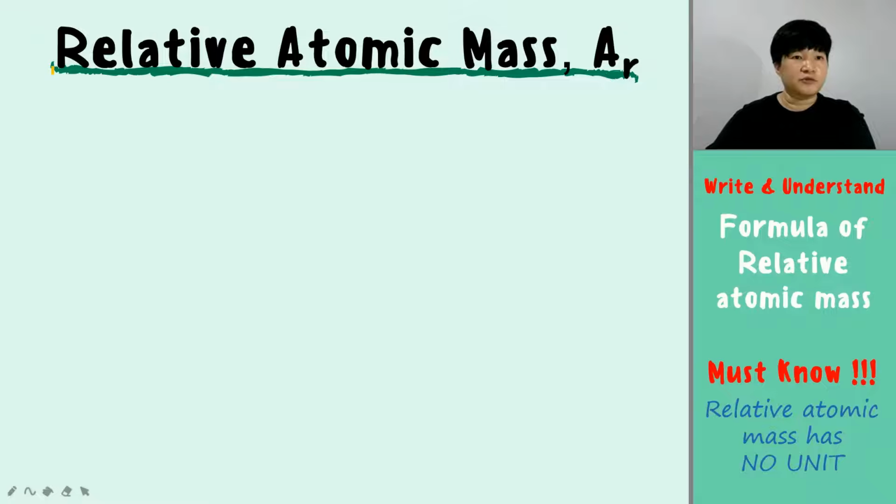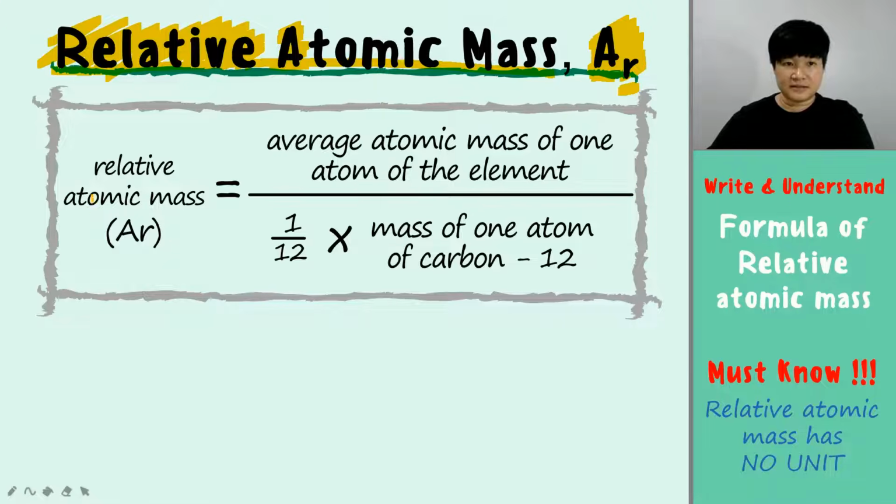Next, we'll move to relative atomic mass. What makes average and relative different? Over here, I have relative atomic mass, and the best thing is, for relative atomic mass, you can use a symbol. The small r represents relative, A represents atomic. So that is your relative atomic mass symbol. The formula of relative atomic mass is as given.